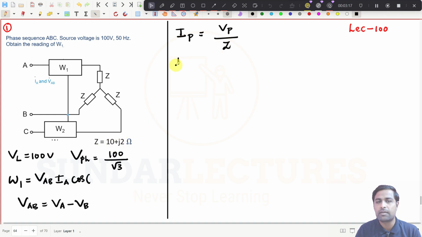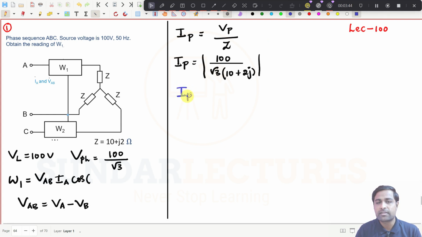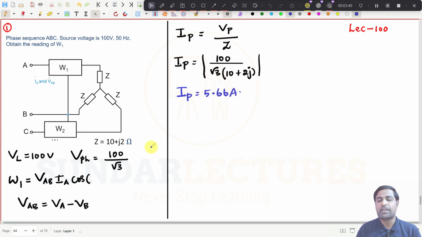Then I will go for the modulus of phase current. The modulus of phase current is 100 divided by root 3 times the modulus value of 10 plus 2j. You have to get the modulus value, and I am getting I phase equal to 5.66 amperes.